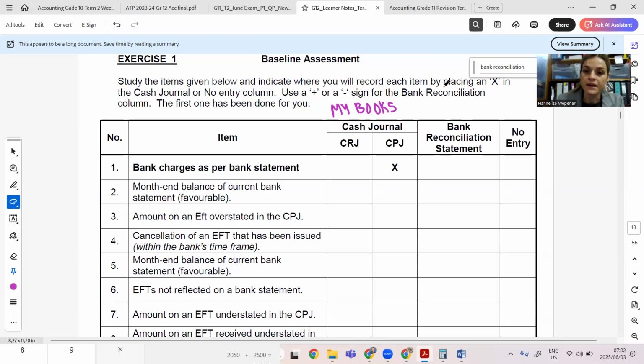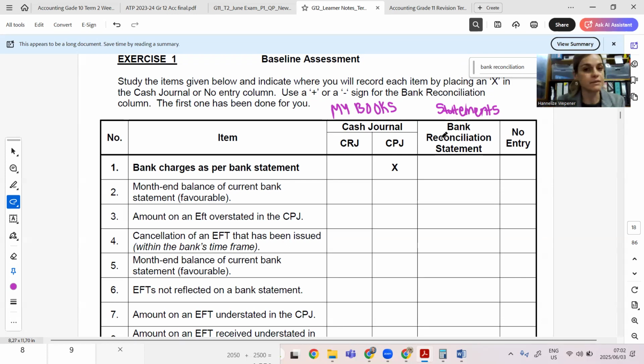Then the bank reconciliation is taking the bank statement and saying that the bank maybe had some errors or the bank forgot about some transactions. So we need to indicate that on the bank reconciliation statement because the bank needs to make some changes in order for them to reflect the same balance that we have.